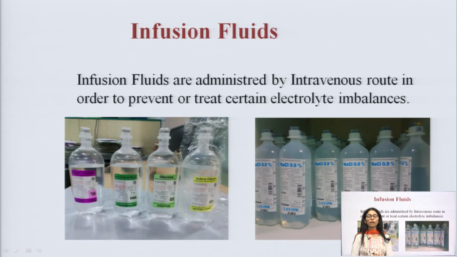Infusion fluids, let us talk about infusion fluids also, because of course we are talking about large volume parenterals and small volume parenterals. As I told you, parenteral products are those products that need to be administered into the systemic circulation. Infusion fluids are administered by intravenous routes in order to prevent or treat certain electrolyte imbalances.